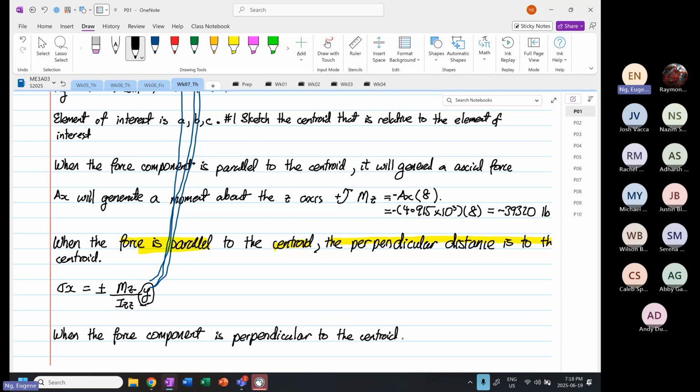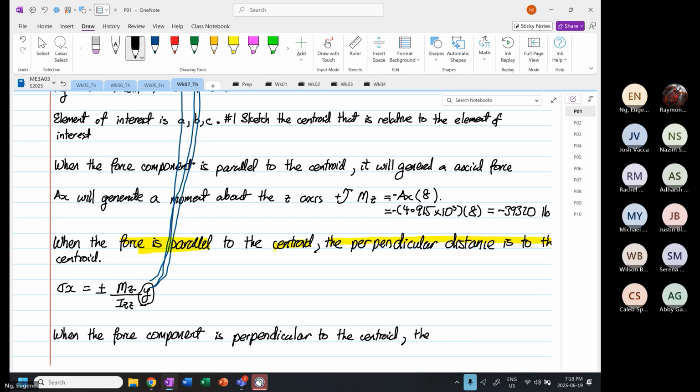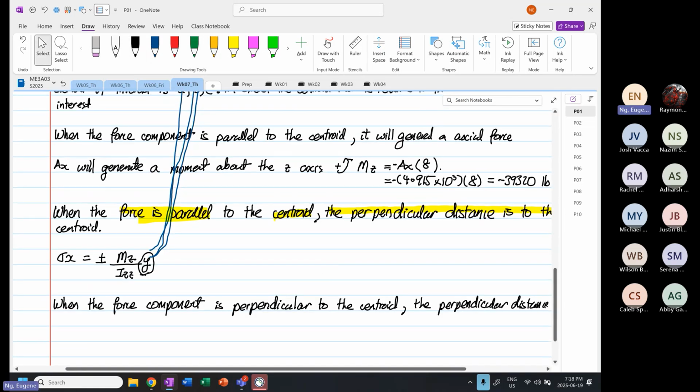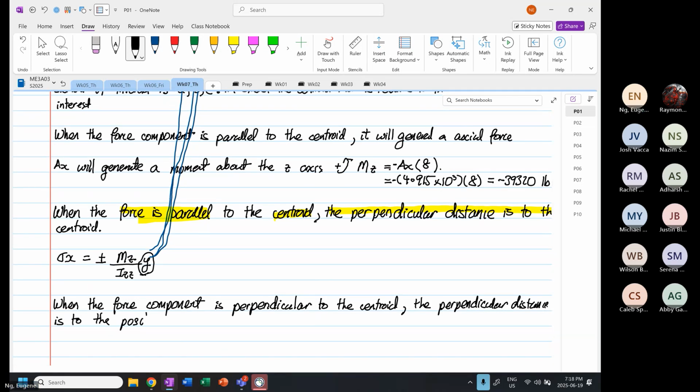The perpendicular distance is to the position of the element.